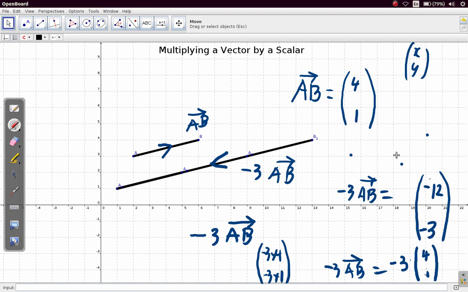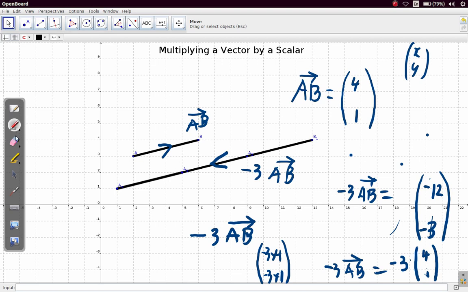It's just that we're going backwards this way. Because we wanted to see how this vector relates to this vector. So that's what we have. We can just write the horizontal and vertical, that is the x and y components of the vector, and multiply each number by negative 3. Right?